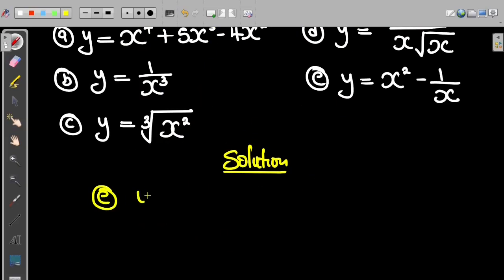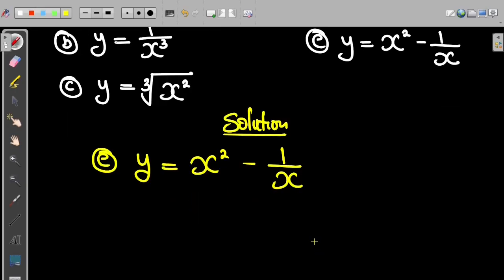And lastly, for e, we have that y is equal to x squared minus 1 divided by x. This can be written as y equal to x squared minus x to the power of negative 1.